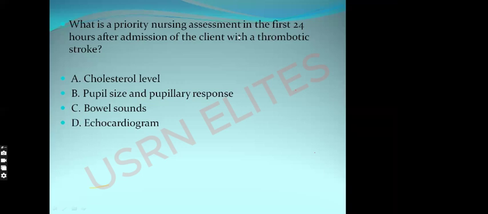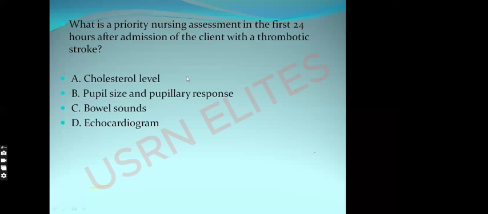We are making assessments in the first 24 hours after admission with thrombotic stroke. So what will be our priority assessment? At least you know that this is a neurologic condition. Cholesterol, fine, cholesterol will have something to do with ischemic or thrombotic stroke.